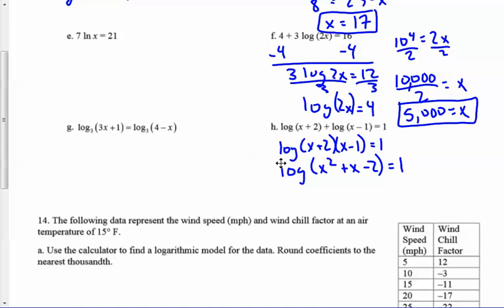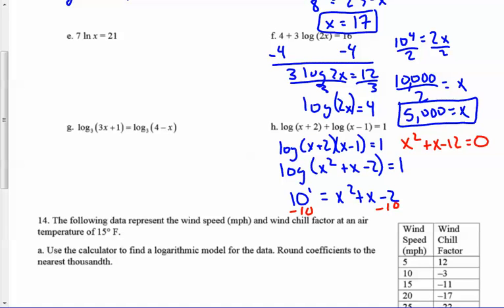Now that I have it as a single entity, I can rewrite it as 10 to the first equals x squared plus x minus 2. And that means I'll have to bring that 10 to the other side, and I end up with x squared plus x minus 12 equals 0. Because I'll subtract 10 on both sides.